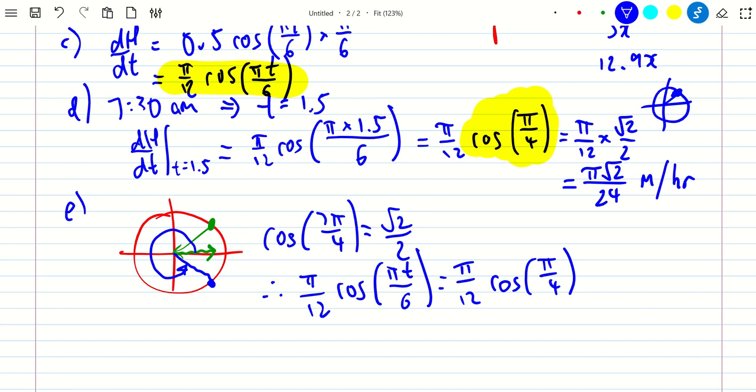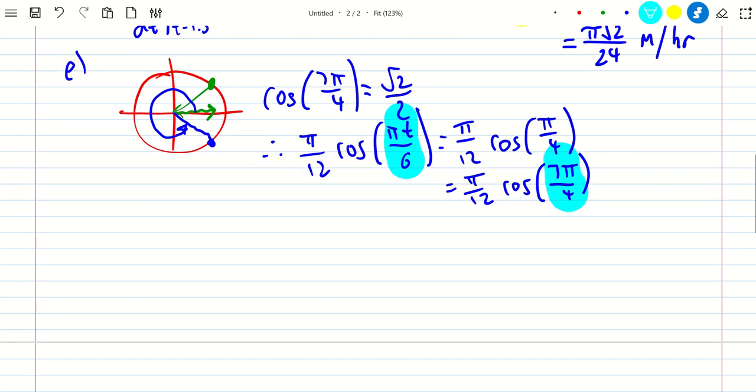And so what we could say is that that's equal to pi on 12 cos 7 pi on 4. And so this must be equal to this. Pi t on 6 must be equal to 7 pi on 4, and that will give us the time where we get that.